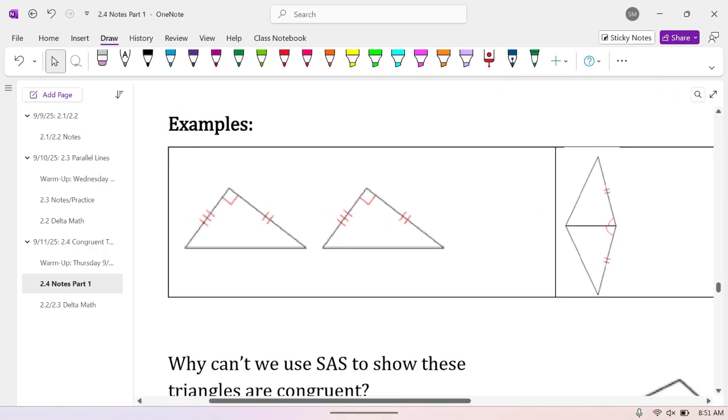So this first one, this is congruent by side angle side because we have a congruent side here, congruent side here, and the angle formed by those two congruent sides. So the one between the two sides, the angles are also congruent because they're both 90 degrees. All right. So that's why we can say they're congruent by side angle side.